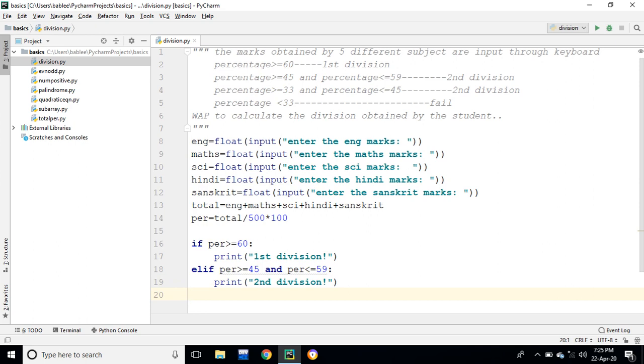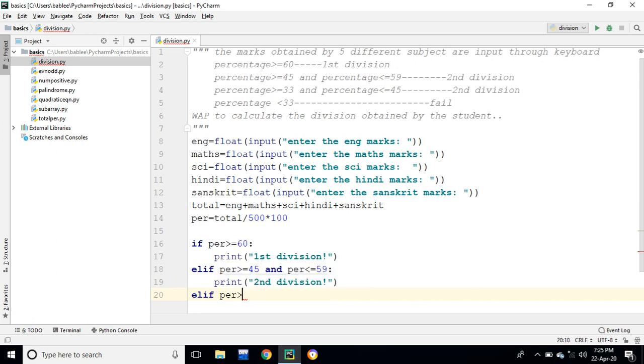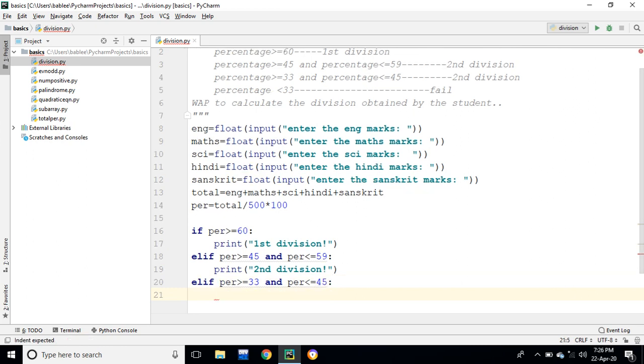And thereafter elif per greater than or equal to 33 and less than or equal to 45, print again second division.